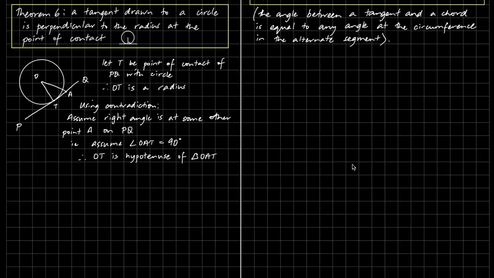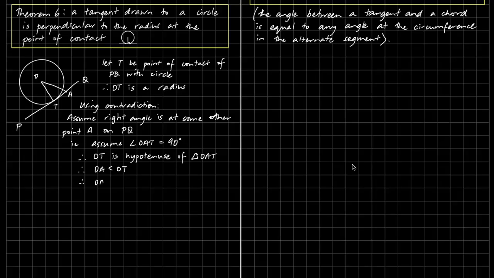Alright, so following along so far, we've assumed there's a right angle at A, so in angle OAT. Therefore OT, the side opposite that right angle, must be the hypotenuse of triangle OAT. So therefore, we're saying that OA is shorter than OT, because the other sides of a right angle triangle are shorter than the hypotenuse.